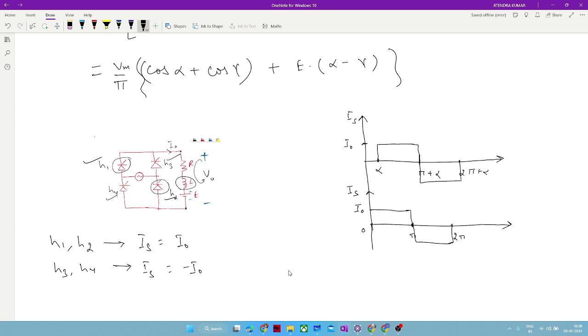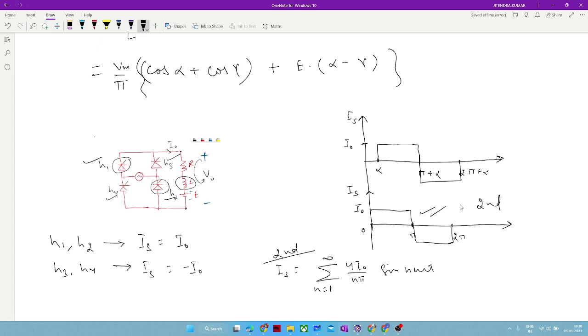So if you write Is of this kind of waveform, you will get summation of n equal to 1 to infinity, 4 I naught by n pi, sine n omega t.